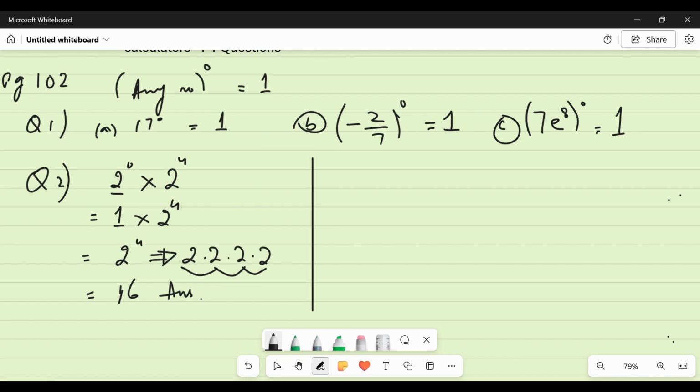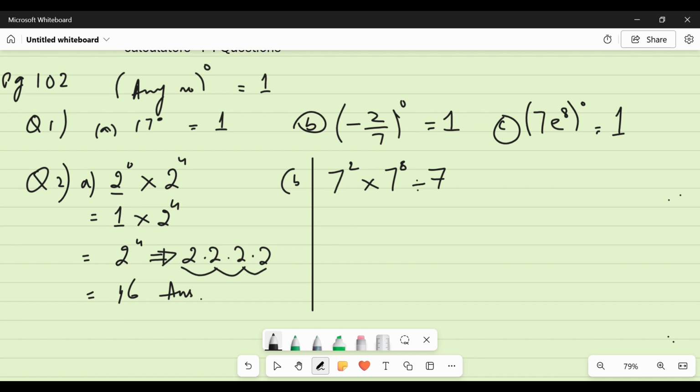The B part is 7 to the power 2 times 7 to the power 8, and then divided by 7 to the power 0.